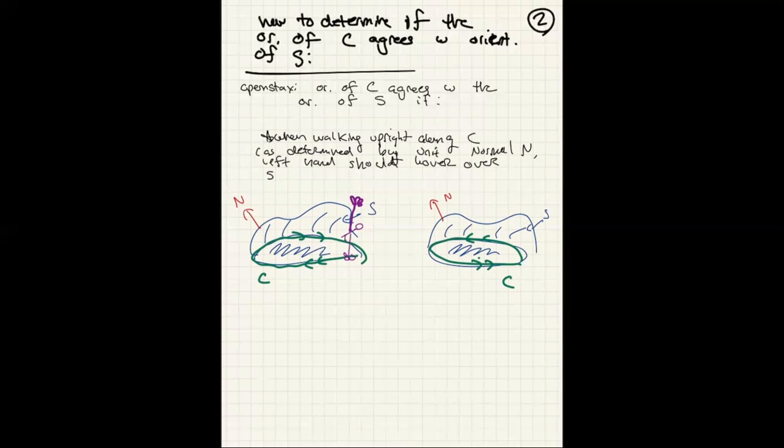So over here on the left, the orientations agree. Then you can see what'll happen on the other picture. Your left hand will be hovering over the not S, and your right hand will be hovering over S. So here the orientations do not agree. Okay, so that's one way you can think of these two things.